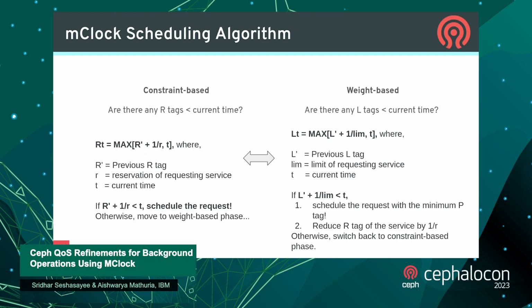If so, the request with the minimum p tag, or the share tag, is selected, and after that, the r tag of that service is reduced by 1 over r. The reason why we do this reduction of the r tag of the service is to maintain the condition that all the requests from a specific client should be spaced 1 by r apart.